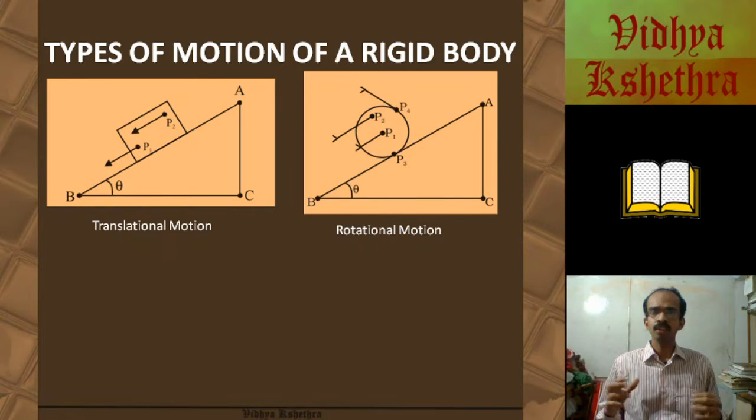Similarly, when we see the case of a pedestal fan or a table fan which is rotating, there are two types of motion. There is a rotational motion of the fan blades as well as the oscillating pivot motion of the direction of the fan.